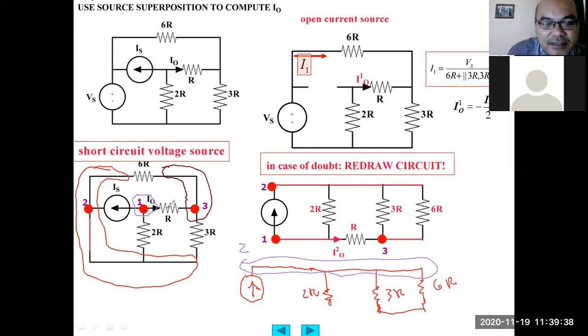Then there is a resistor R, which is connected to the other terminal of 2R, so it should be connected here. And this becomes node number 1, which is connected to the bottom part of the independent current source. So this is node number 1.